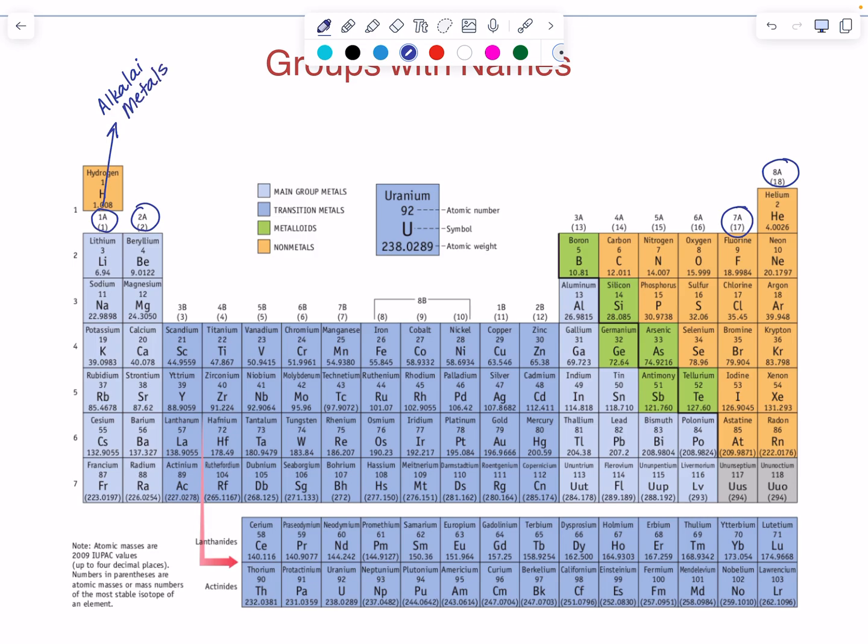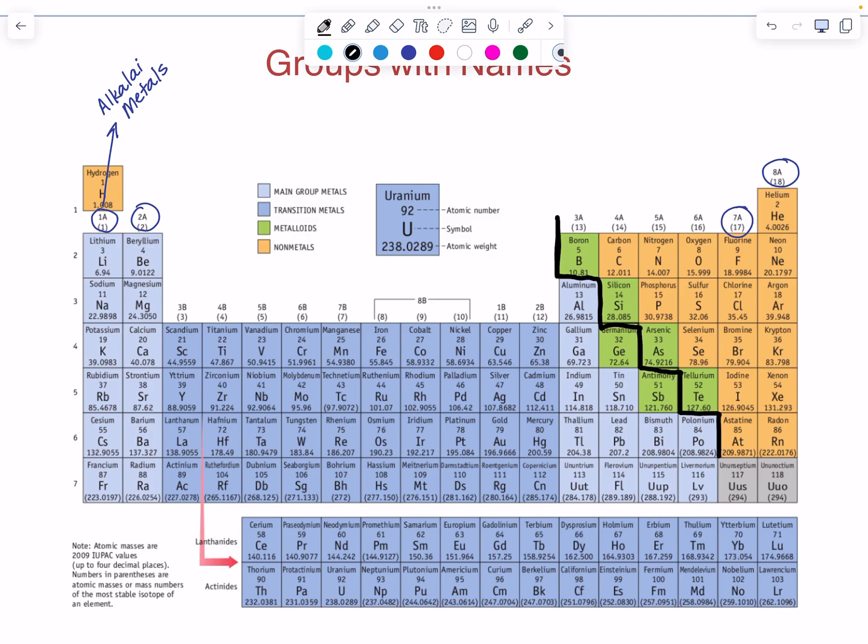And when we say something is a metal, we can break the periodic table into three regions based on physical properties. So you'll notice this staircase here that you see.